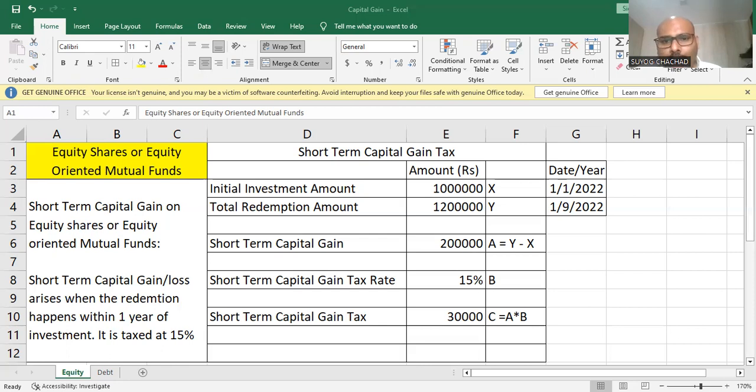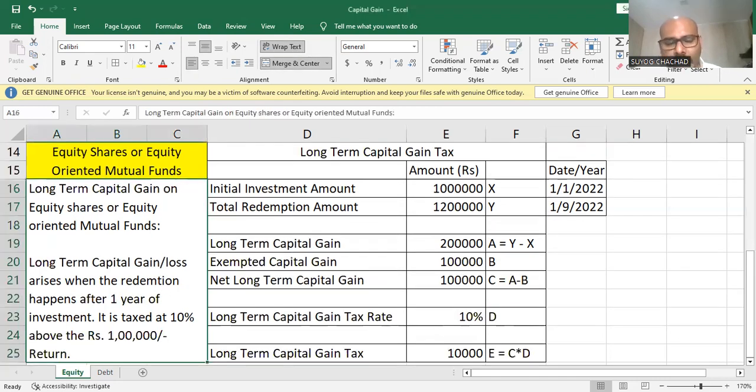Now you are liable to pay a short-term capital gain tax, which is taxed at the rate of 15%. So if you calculate 15% of 2 lakh, it comes around 30,000. Again, you have to pay 4 to 4.5% education cess on this 30,000, or basically on the short-term capital gain tax.